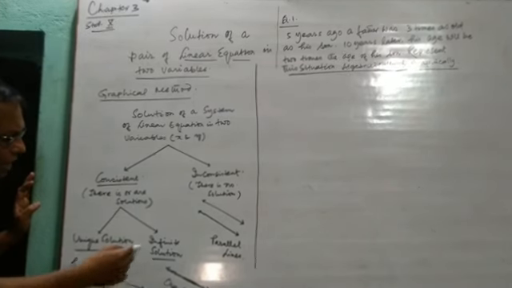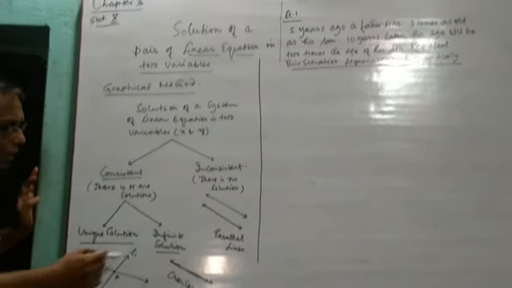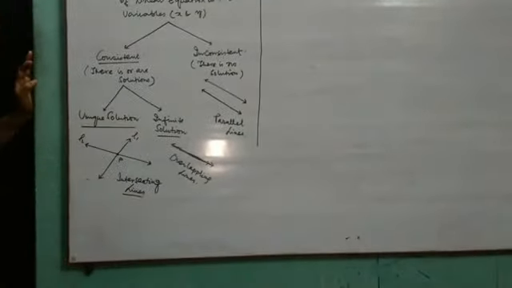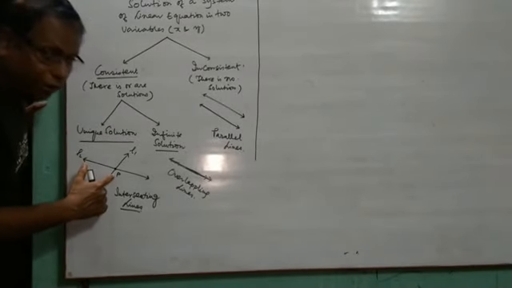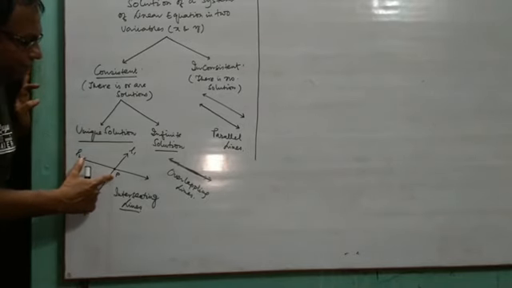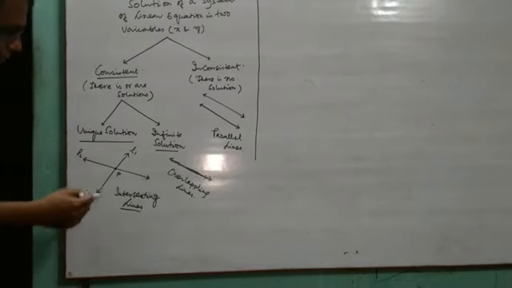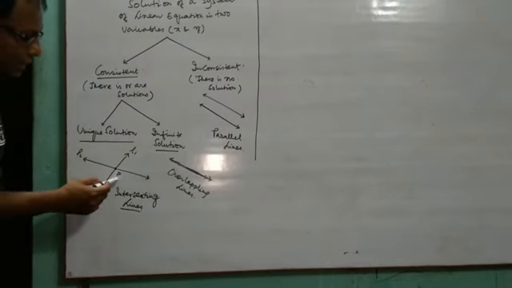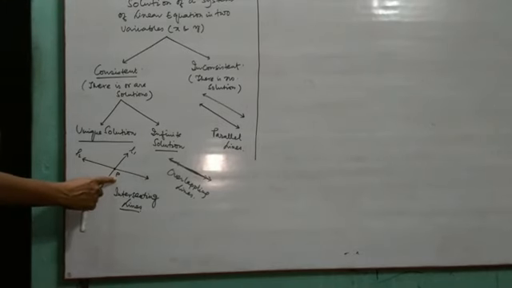Now suppose the lines are L1 and L2 on plotting. I will explain how to plot it. Now L1 and L2 are two lines and they are intersecting at the point P. If this happens, then we say that the given system of equations has a unique solution, and the values of x and y of the point P will give us the solution.